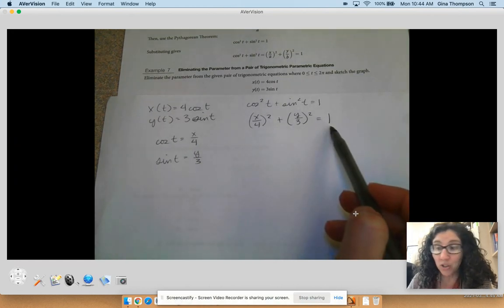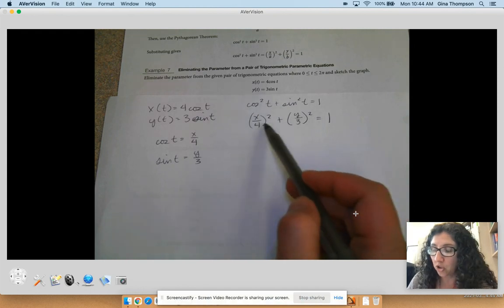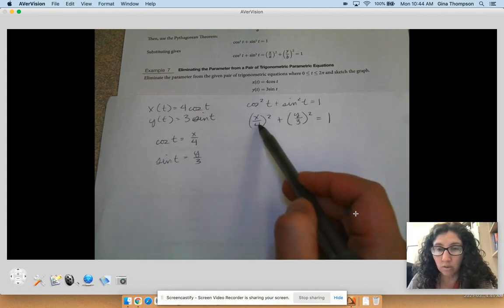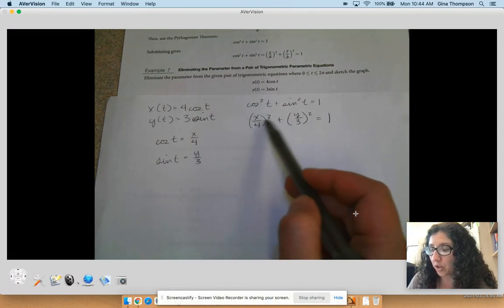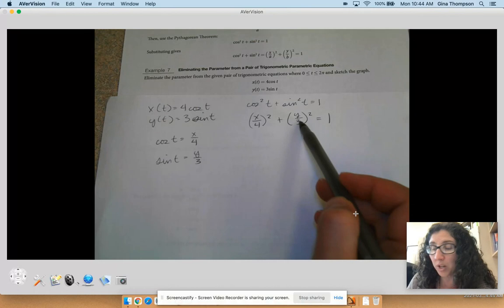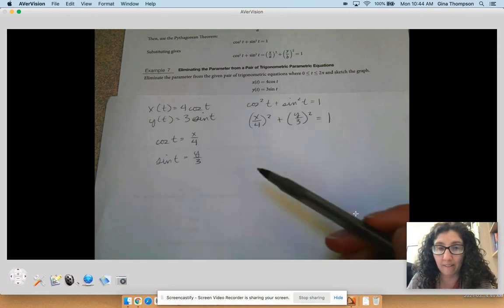Does that look familiar from last semester? It's an ellipse centered at the origin with the major axis along the x direction. It's 4 units in the x direction and 3 units in the y direction, since the whole thing is squared here.